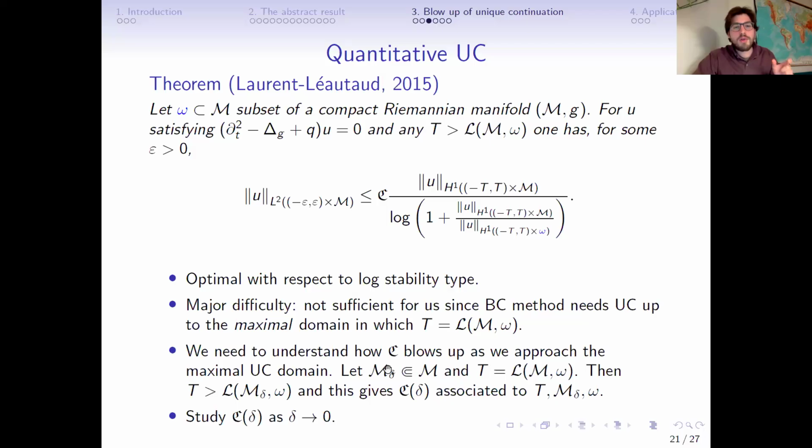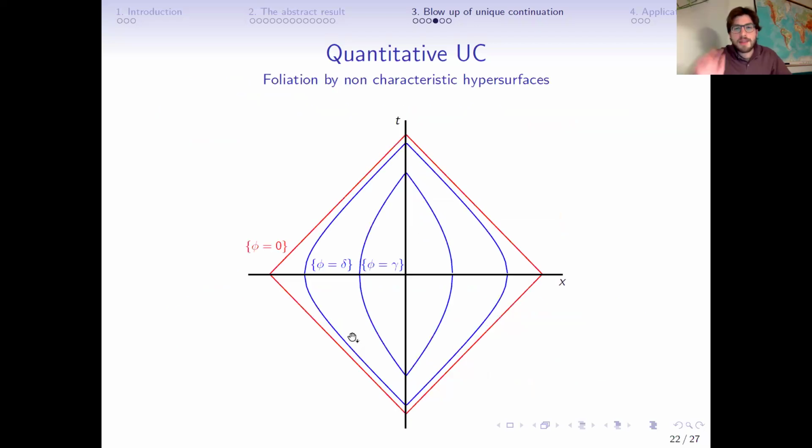So now this condition will be satisfied for the smaller manifold because the minimal time for the smaller manifold will be strictly smaller than the minimal time for the larger one. And then you want to investigate how this quantity will blow up as you approach the maximal domain, let's say. The best way to understand this is by looking at this picture.